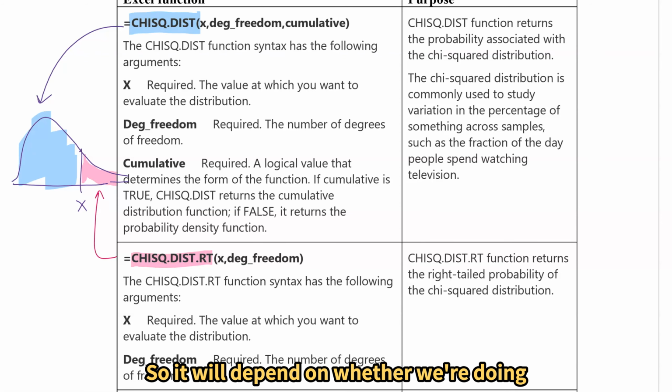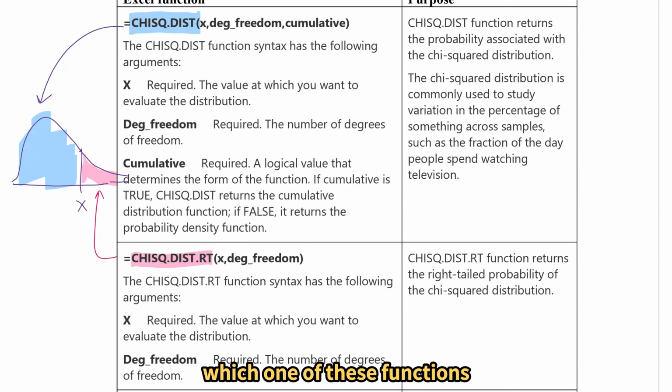So it will depend on whether we're doing a left-tailed test or a right-tailed test, which one of these functions we'll be using to find that p-value.